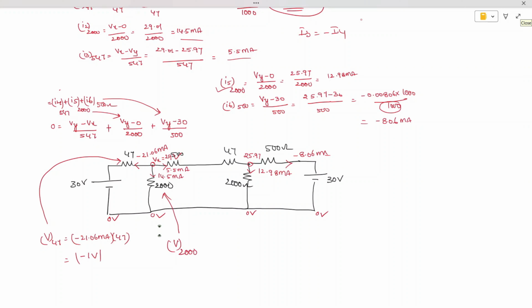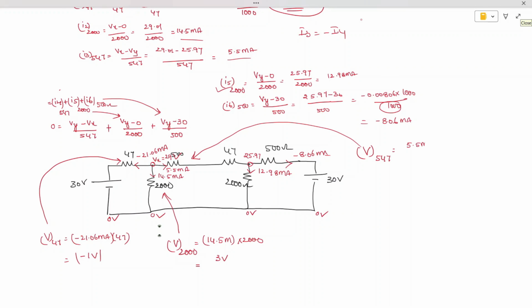What is the formula for voltage? I into R. I is 14.5 milli into 2000. When you multiply it, you get this voltage as 3 volts.